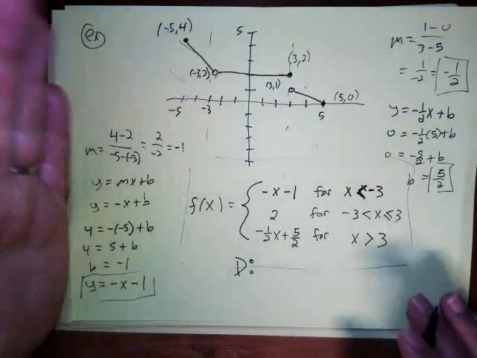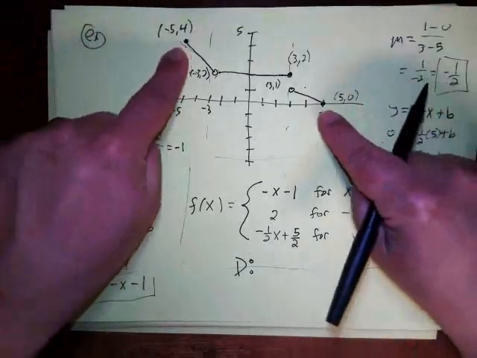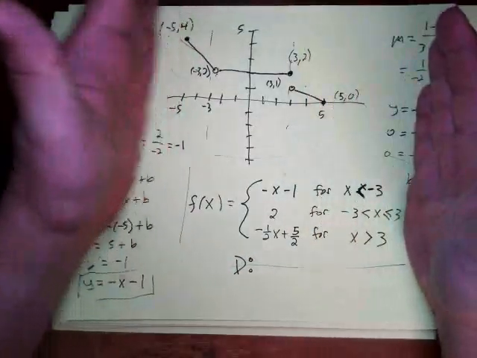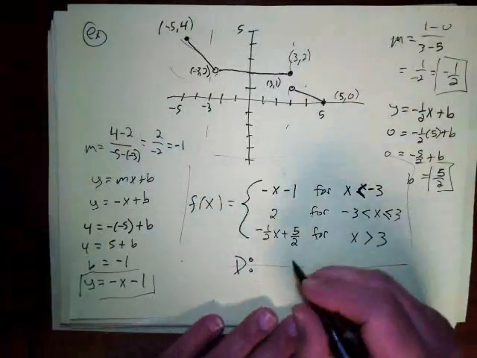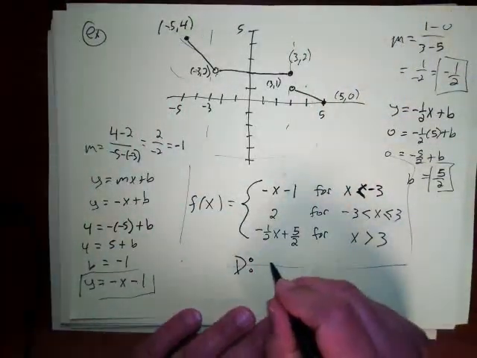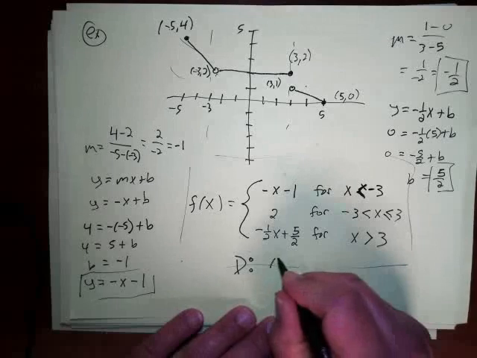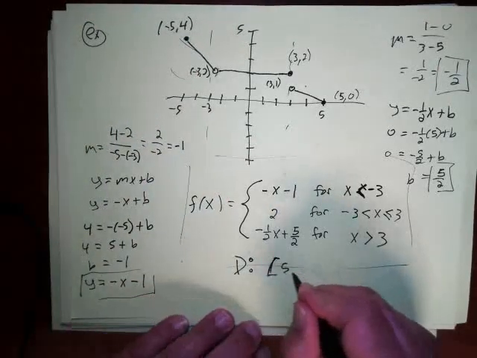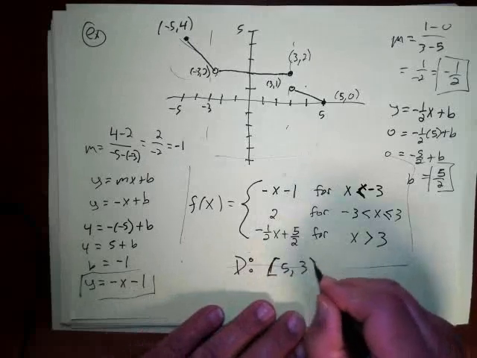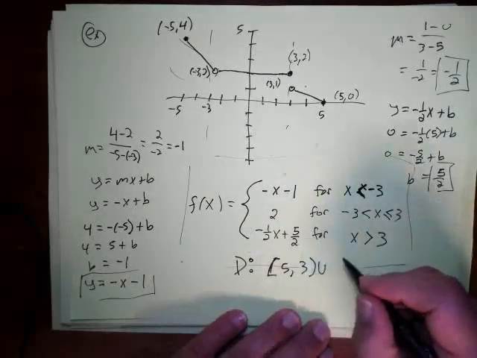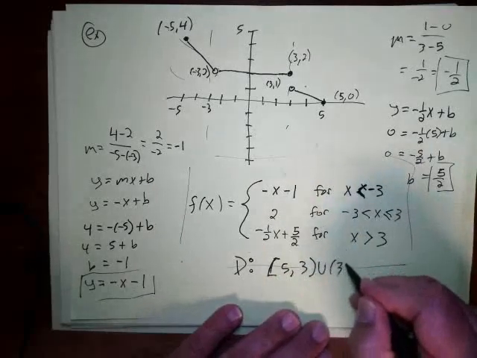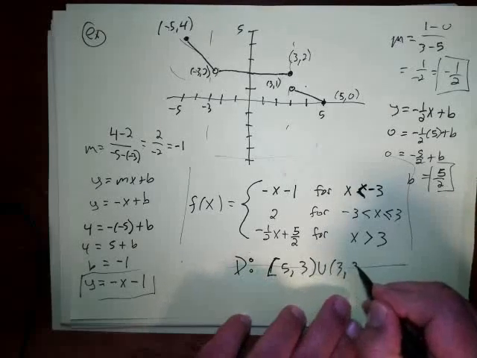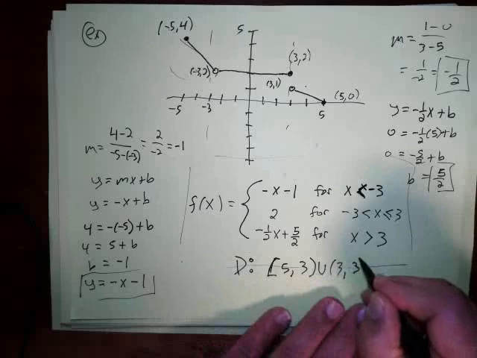Actually, if I take these as endpoints, it's not going to be defined below negative 5 or above positive 5. So the domain would include, because these are closed, the negative 5, and then it would go up to 3, but with a curly bracket, and then start with 3, and go up to positive 3.